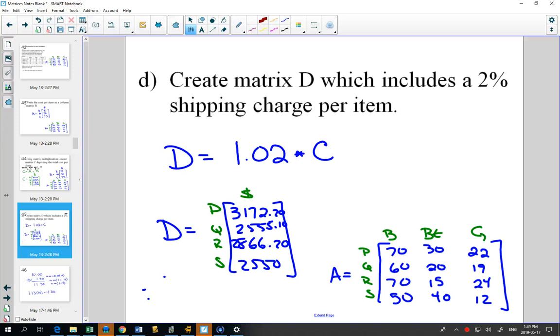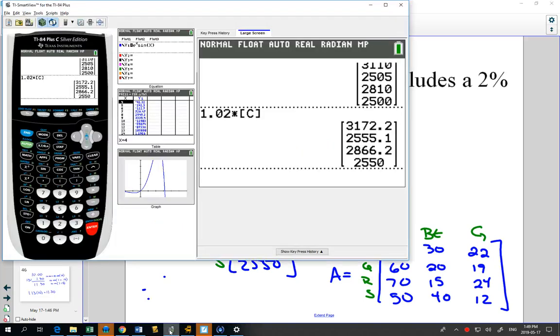Again, if I'm going to want to maybe use this later, I could store this one as matrix D.